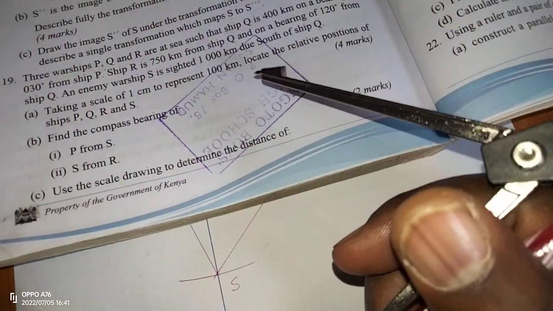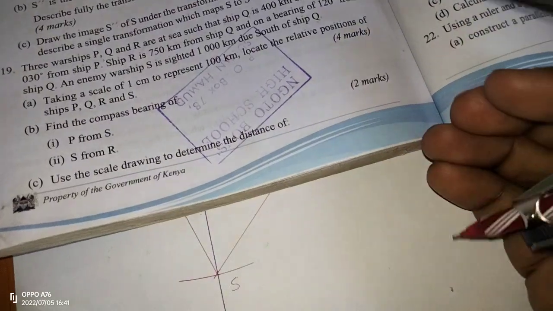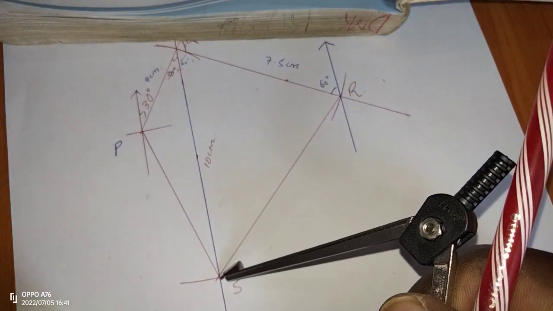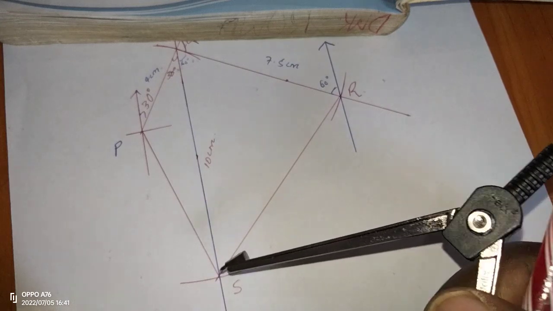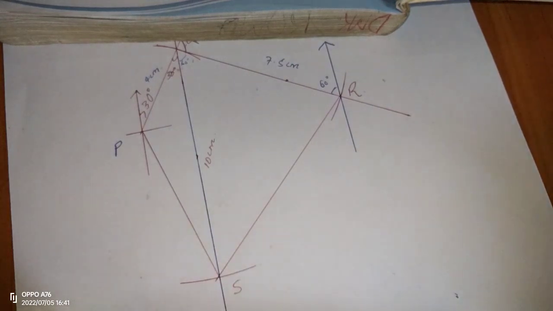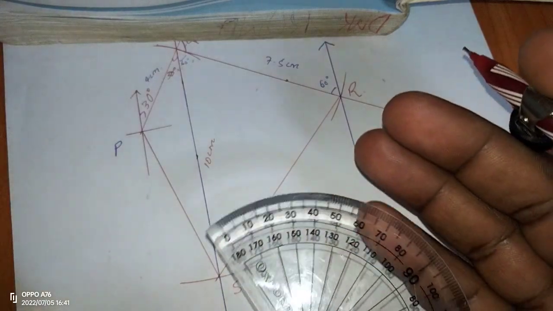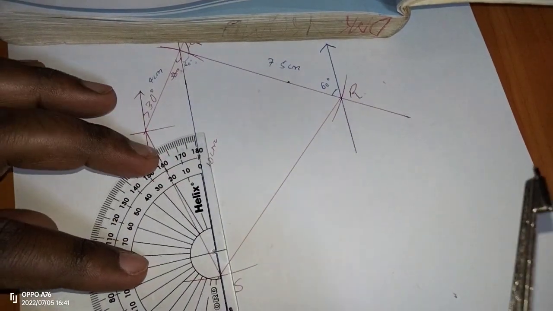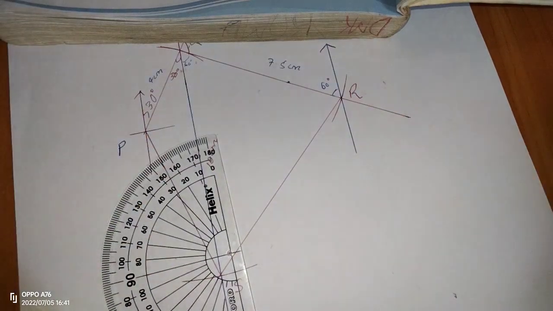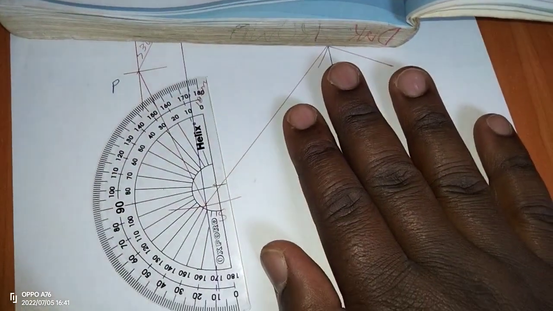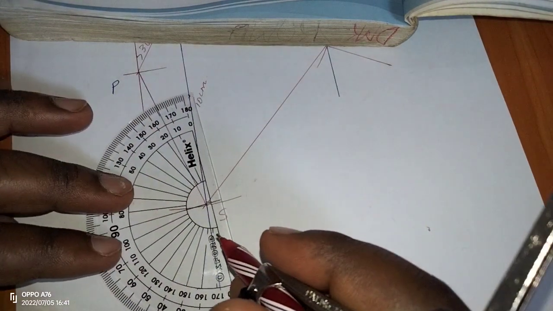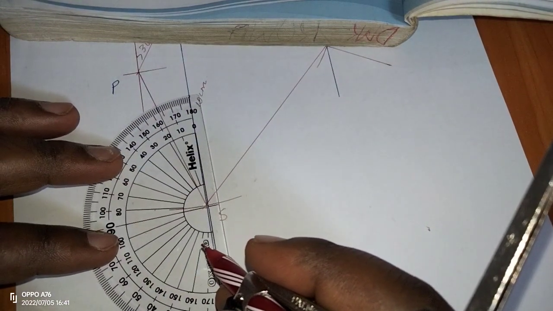find the compass bearing of P from S. So the bearing of P from S. When we are at S, through what angle do we turn so that we may know where P is? So P from S, I will measure this acute angle from north. Remember, we use the main points of a compass, which are north and south.